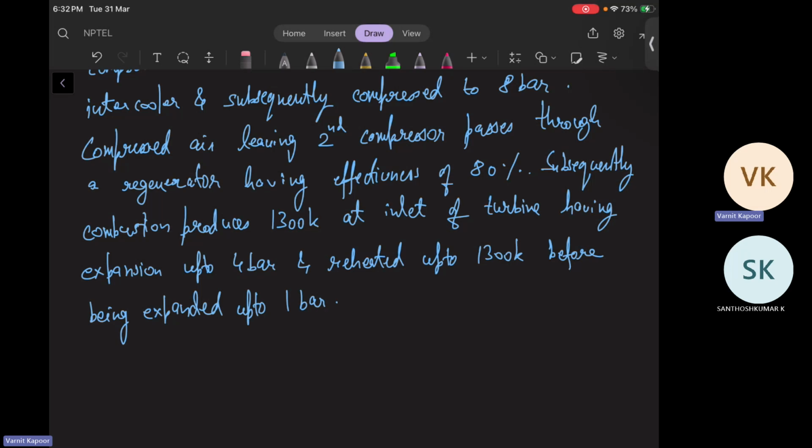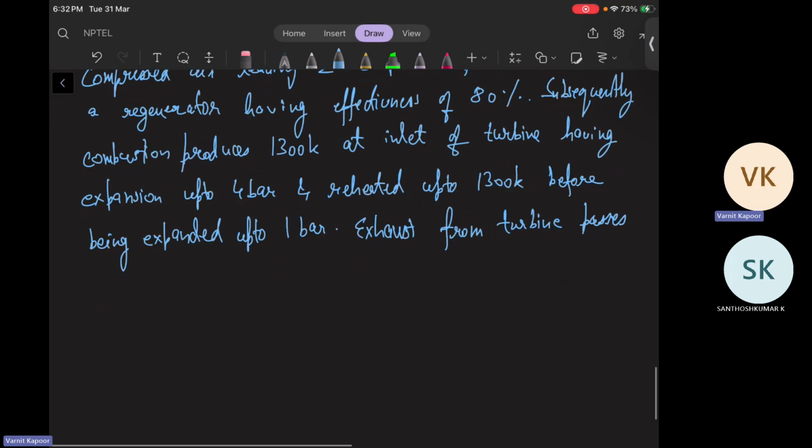Exhaust from the turbine passes through the regenerator. So the question might seem big, but everything is given in the question.